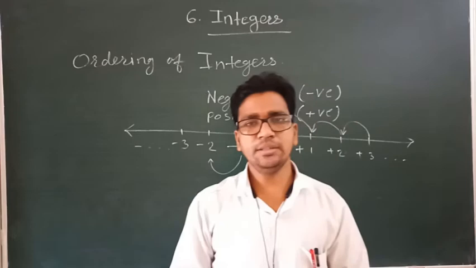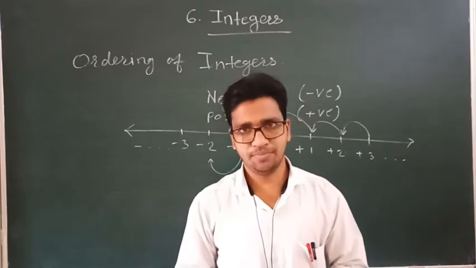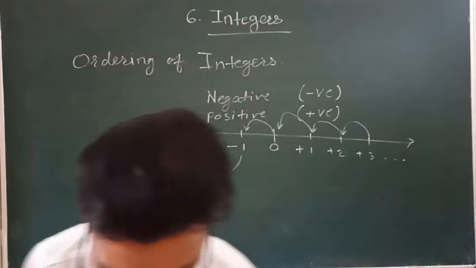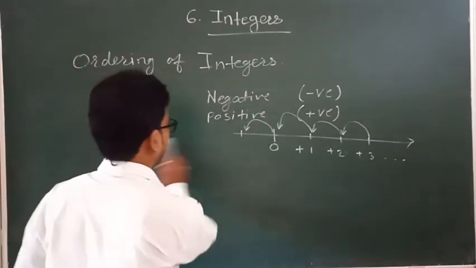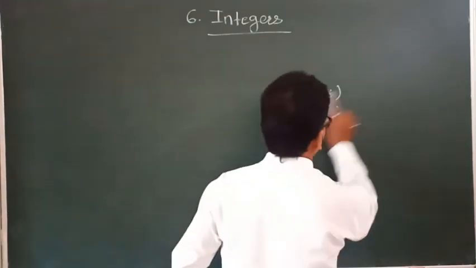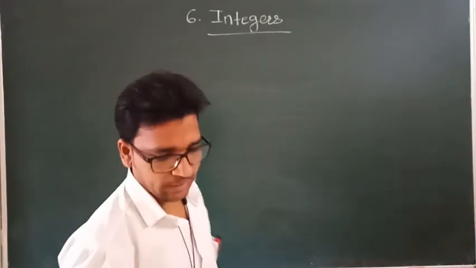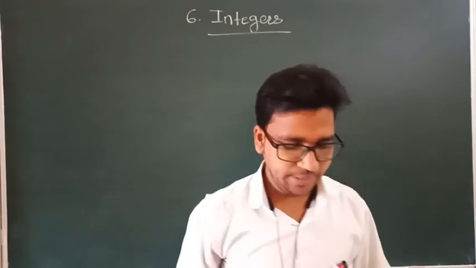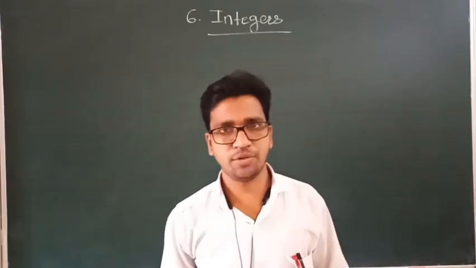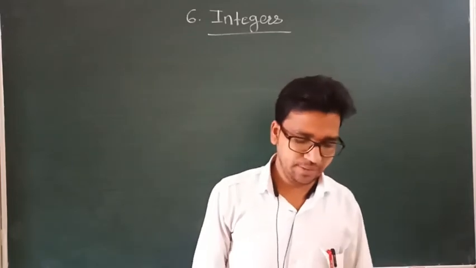Now we discuss exercise 6.1. Okay, it is totally based on this topic. So I will explain exercise 6.1. In 6.1, the first question is: write the opposites of the following.